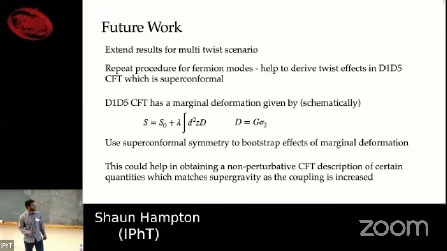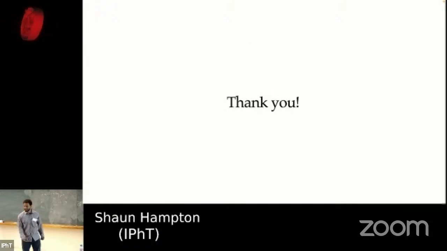You could also start with many singly wound states, and then twist up to a long winding state. There are many different scenarios, but certain processes may be more entropically favorable than others. So anyway, there are a lot of directions that you can hopefully go with this. Thank you. That's all I have.